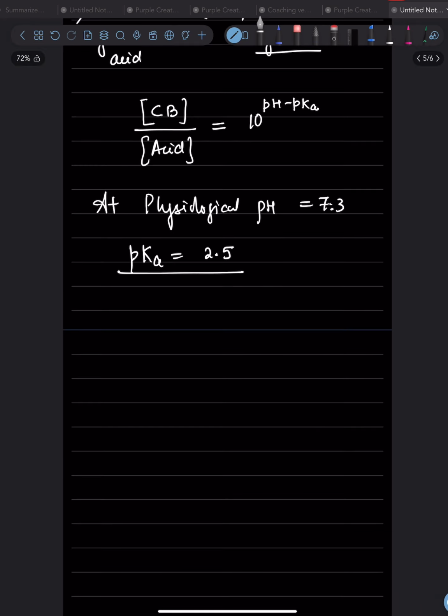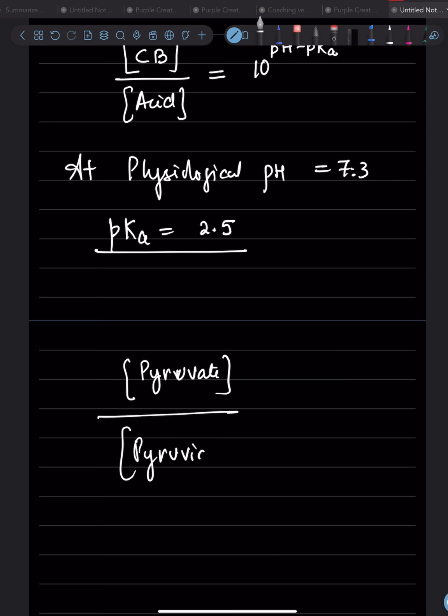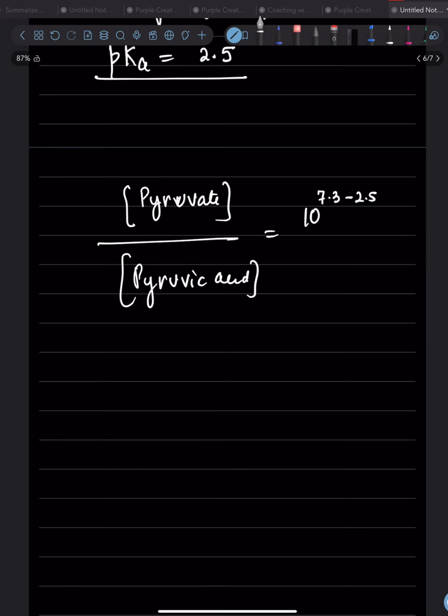So the concentration of conjugate base, which is pyruvate, to the concentration of pyruvic acid is equal to 10 raised to the power pH, which is 7.3 minus 2.5.